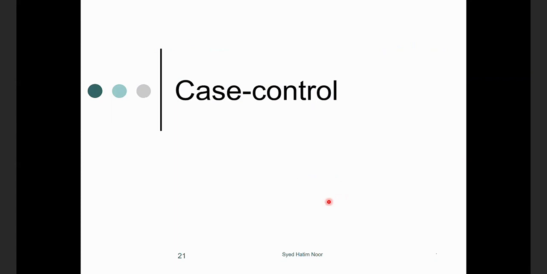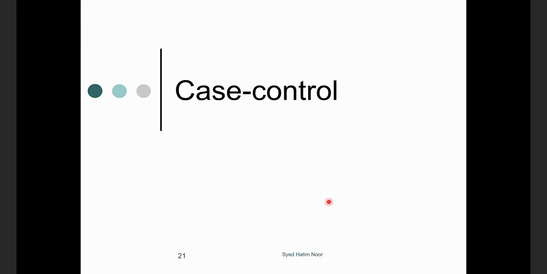Case control: the special feature of case control is that it is for rare outcomes. Prospective cohort and retrospective cohort are for common outcomes. You may ask me what it means by rare. It's according to statistics: the percentage is very low. If you talk about COVID-19, it's no more rare, it's common already.